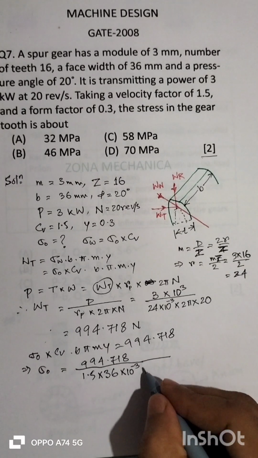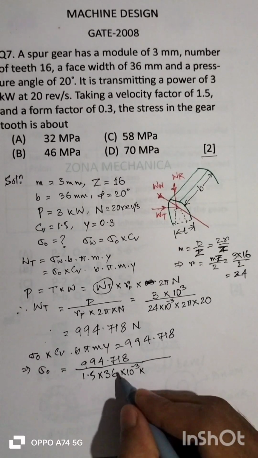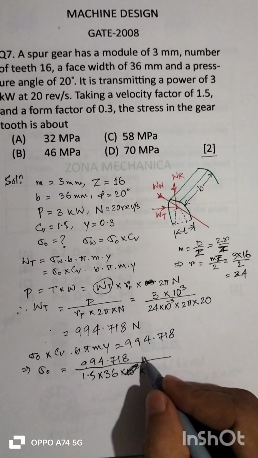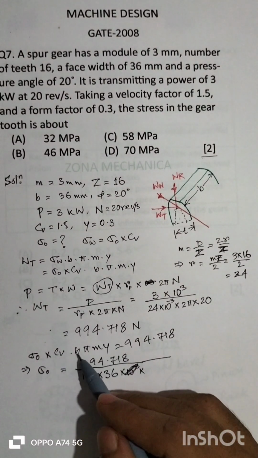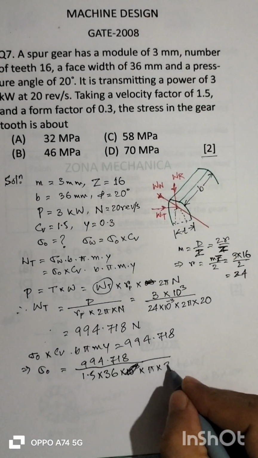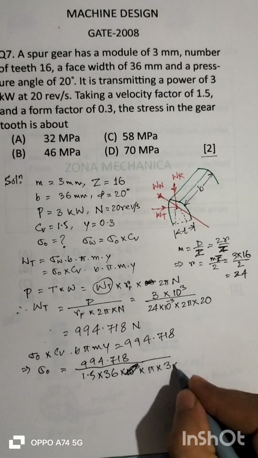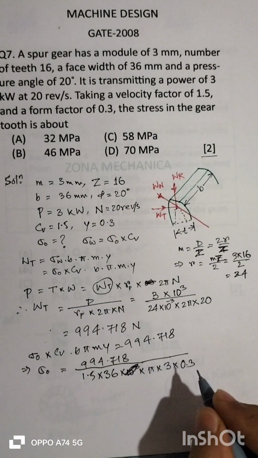Or else we can keep it in millimeters, so that we directly get Newton per square millimeter. So b is 36 mm, pi, and module 3 mm, multiplied by the form factor y, 0.3.